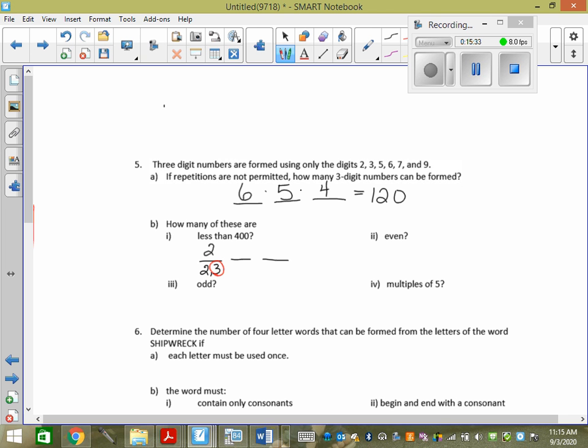So we hold it, and then we have 2, 5, 6, 7, 9. So I have 5, because I can have any number after that if it starts with a 2 or a 3. It will be under 400, right? And then I'm going to have 4. So it's 40.